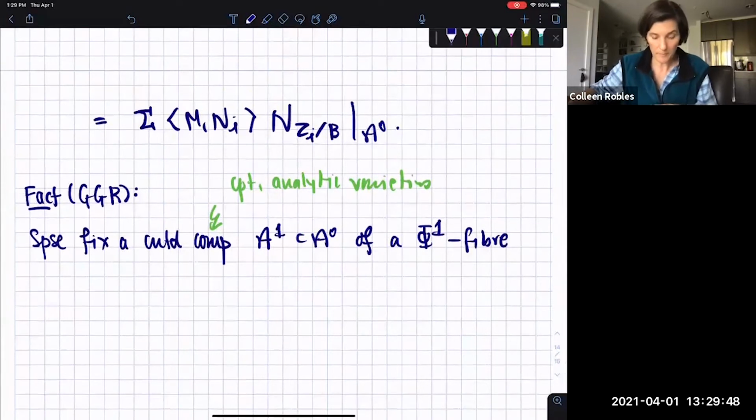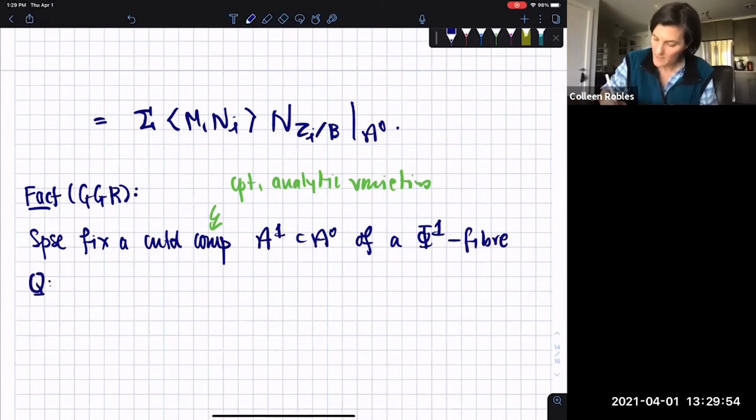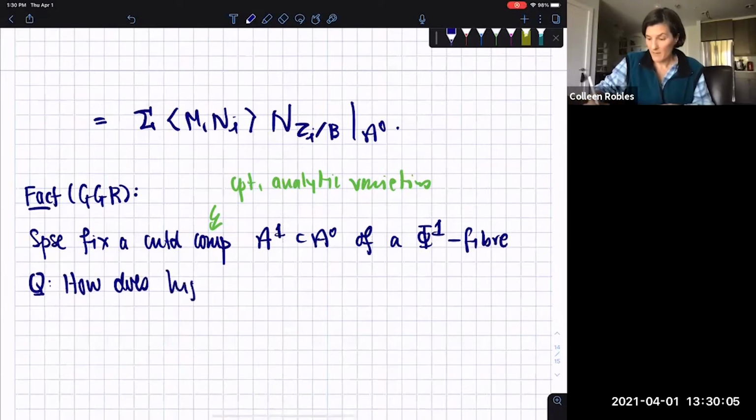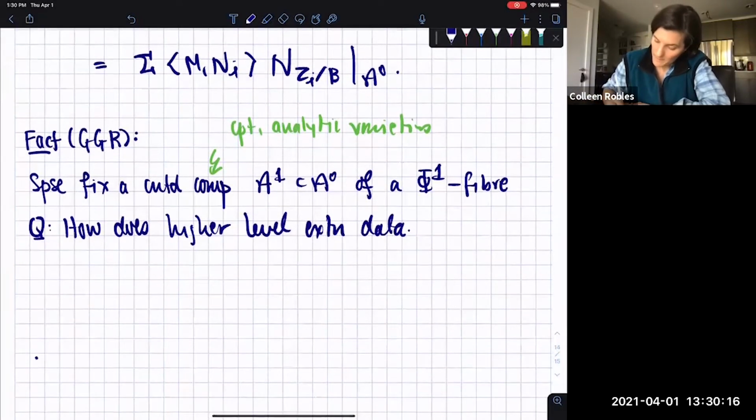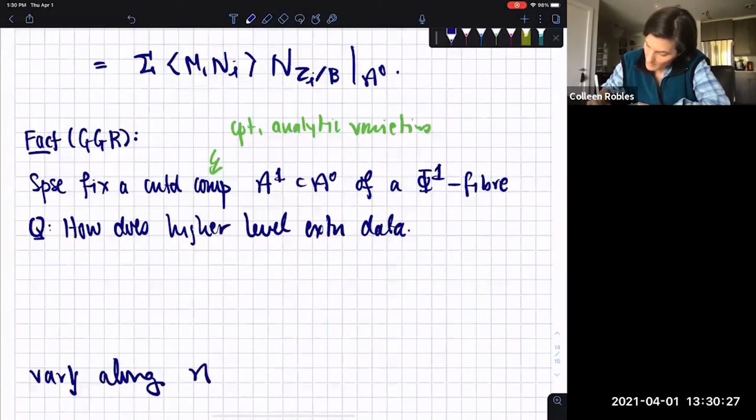So the question then is, how does the higher level extension data vary along this fiber?